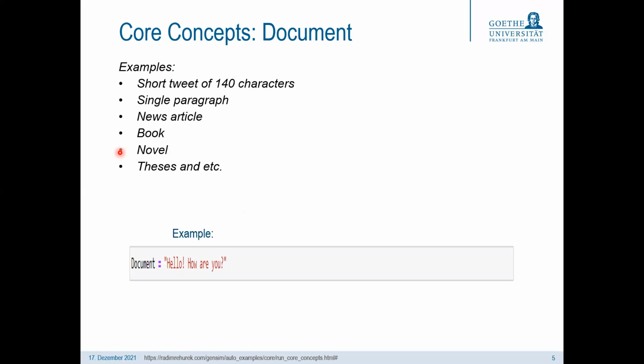For example, in Gensim, a document can be anything, such as a short tweet of 140 characters, a single paragraph, news articles, books, novels, theses, etc. Here I use one of the simplest examples of a document, which is a small sentence that contains 4 words: Hello, how are you?